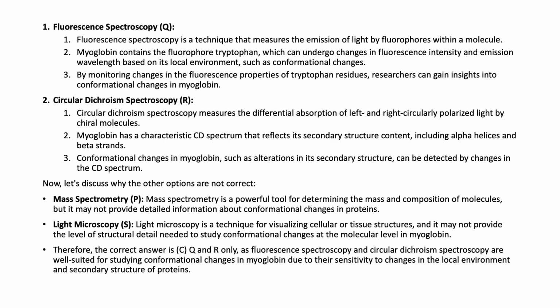Now let's again see which of these techniques can be used to study the conformational changes of myoglobin. So fluorescence spectroscopy, we saw that it's a technique that measures the emission of light by fluorophores within a molecule. And myoglobin contains the fluorophore tryptophan, which can undergo changes in fluorescence intensity and emission wavelength based on its local environment, like when it undergoes conformational changes.